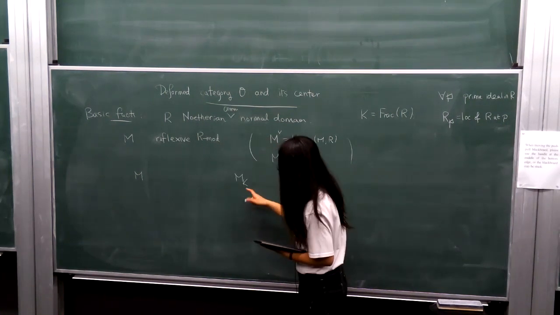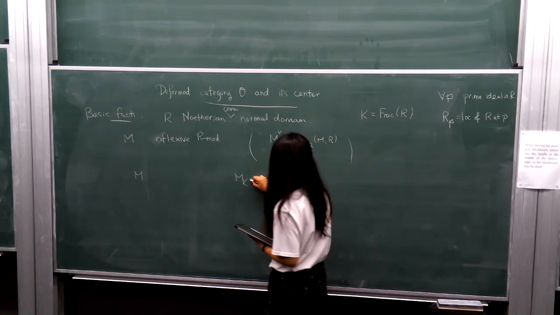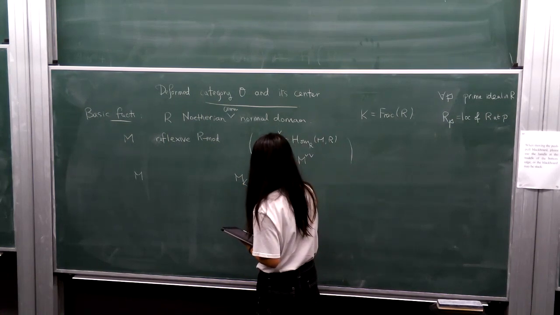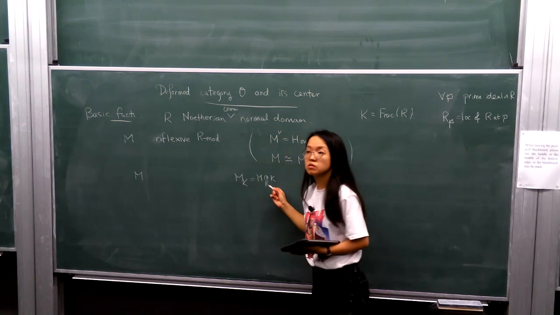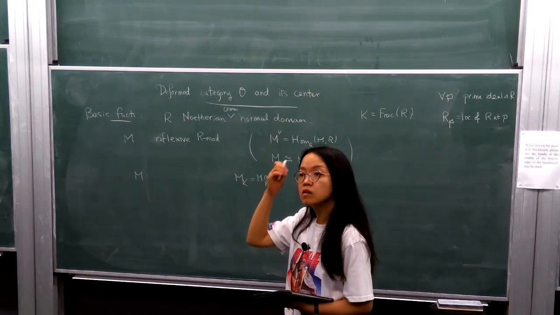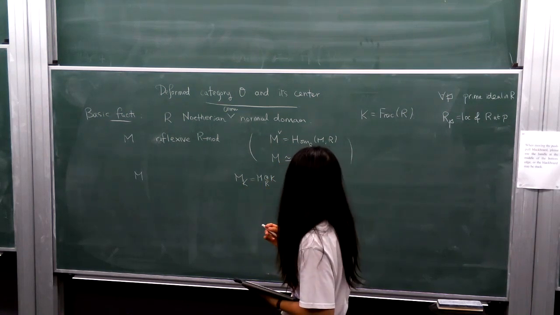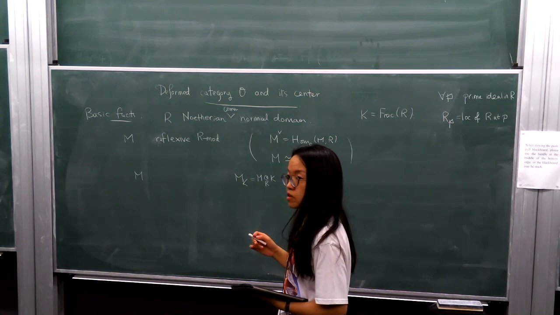So today I will use the following notation. If I write M_K, that means I take M and base change to K. The same for R_P. Are all finitely generated projectives like that? Projective modules are reflexive, I think. Yes.